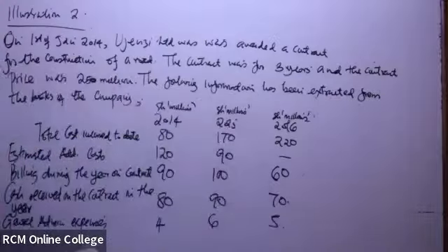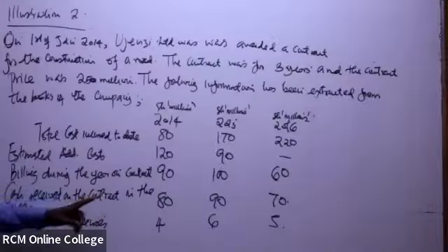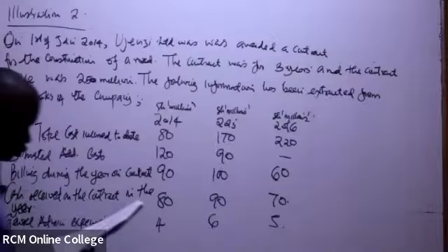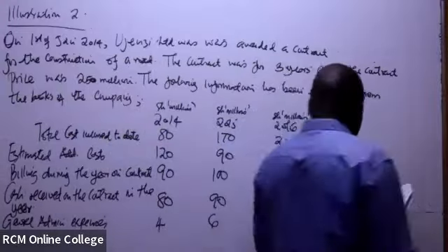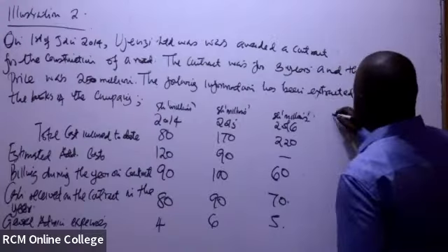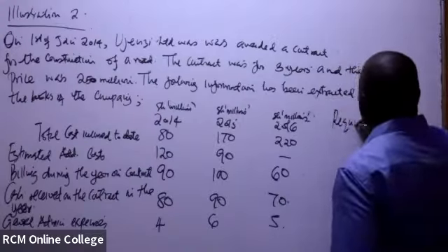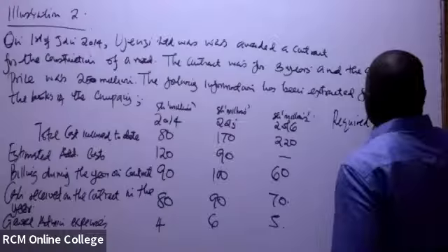So the items are cost incurred to date, estimated additional costs, billing during the year on the contract, cash received on the contract in the year, then general admin expenses. Then we have in this case what? The required.